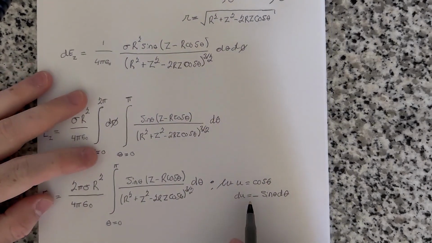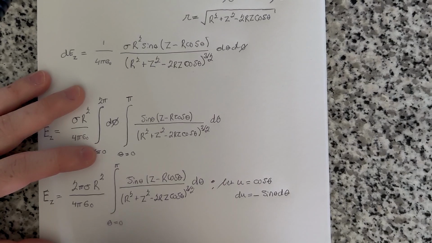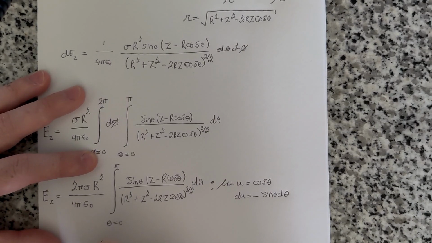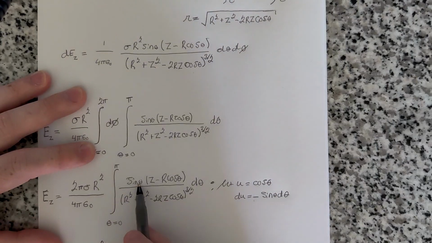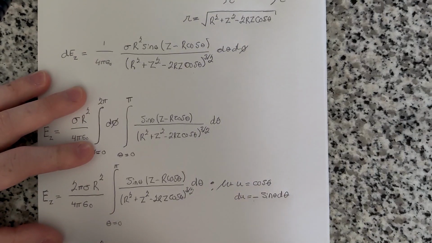Okay, so plugging that in here, we're going to have 2 pi sigma r squared over 4 pi epsilon naught, and this minus sign, so sine of theta d theta can be replaced by minus du, so we're going to pull the minus sign out front.